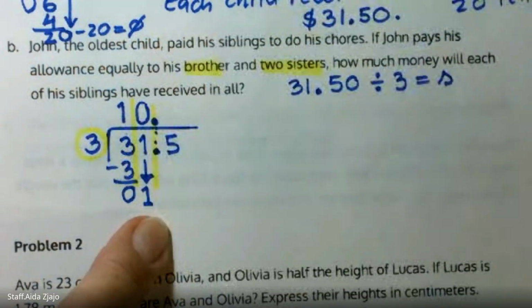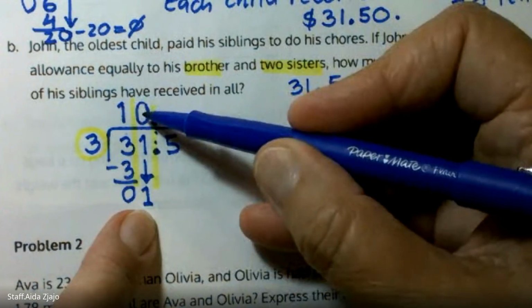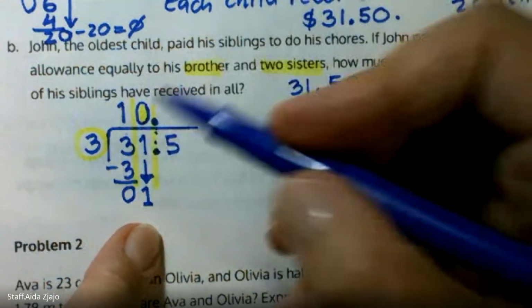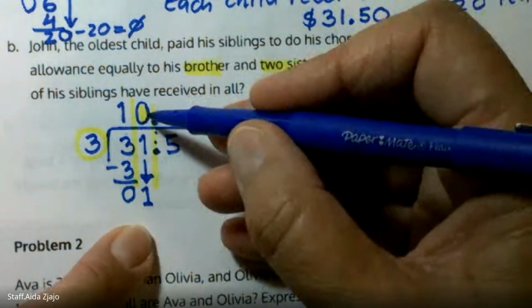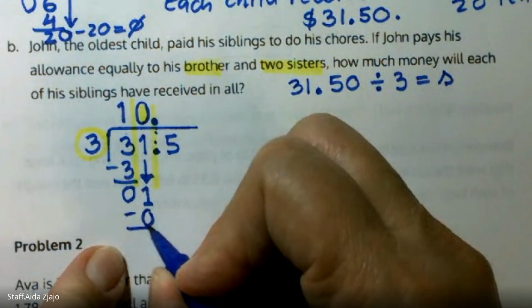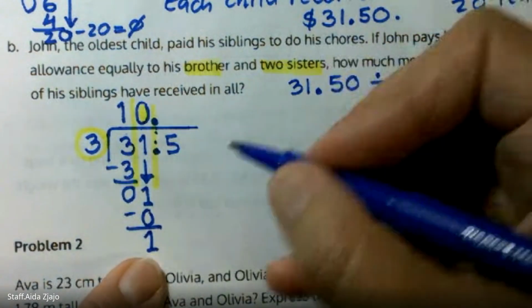So after you've put the 0, then you are allowed to bring down. So 0 times 3 is 0. When you subtract 0, you can think of this as a remainder.